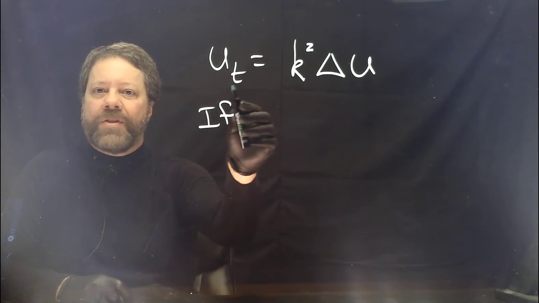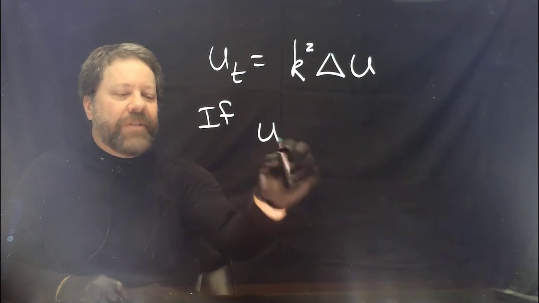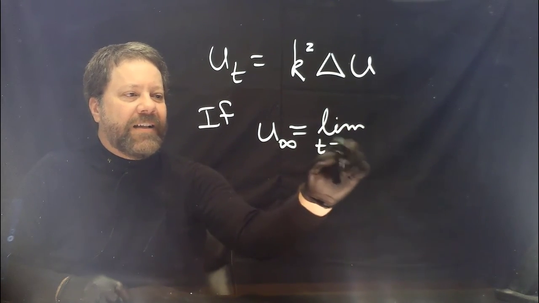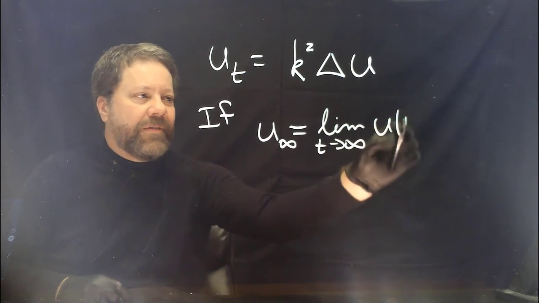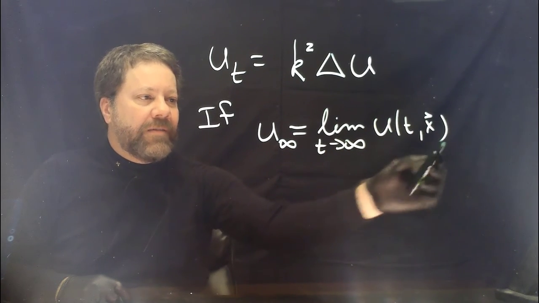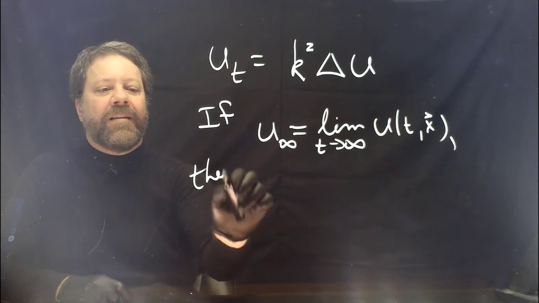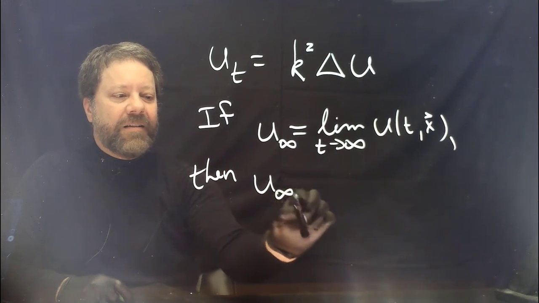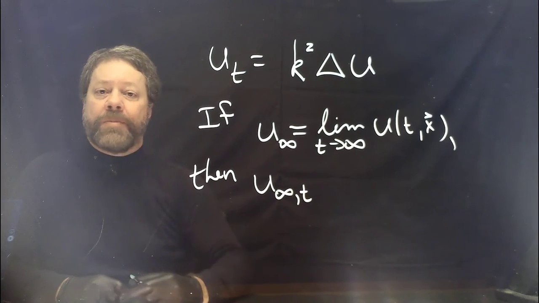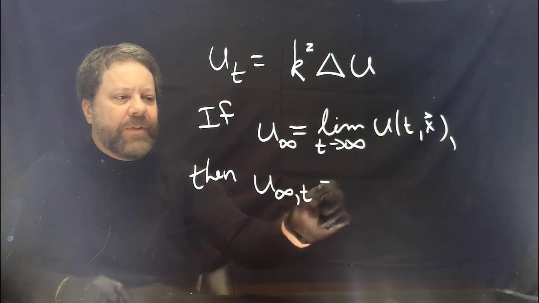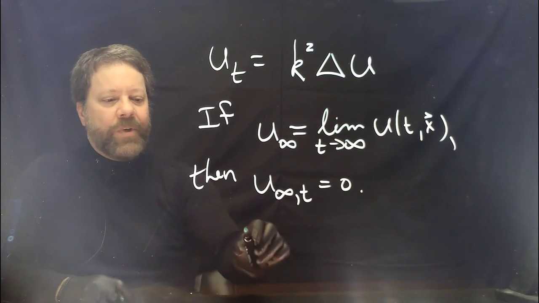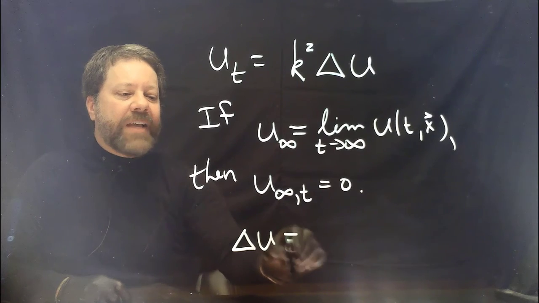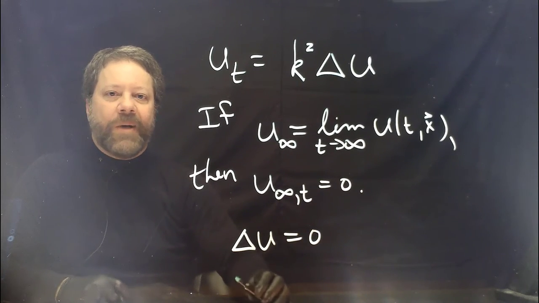If we tend towards some kind of a steady state temperature, U infinity is the limit as t goes to infinity of U, then u_t, the partial derivative with respect to time of U infinity, we expect to be 0, which implies the steady state heat will satisfy what is called Laplace's equation.